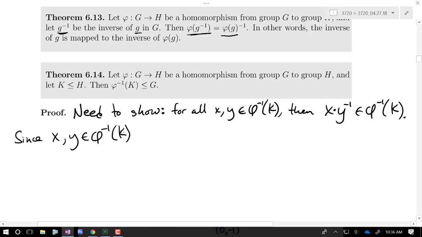If x is in the preimage of K, that means phi of x has to be in K. That's what it means to be in the preimage, and likewise for y.